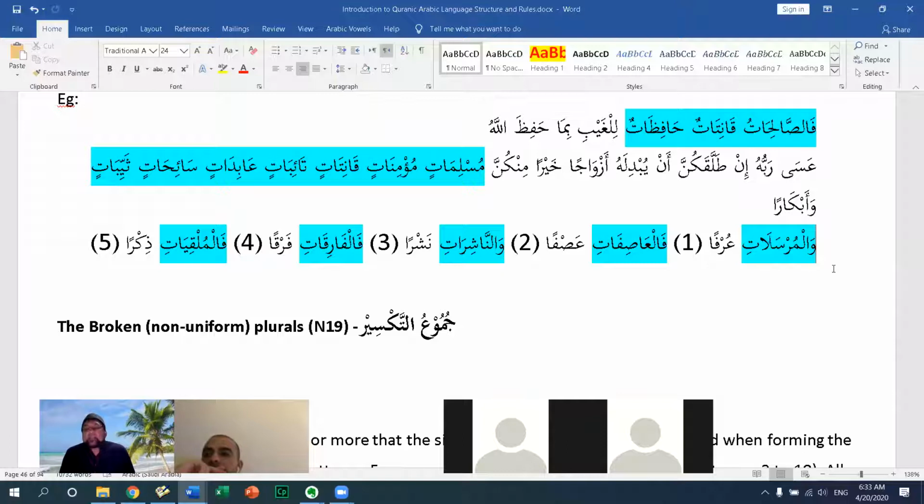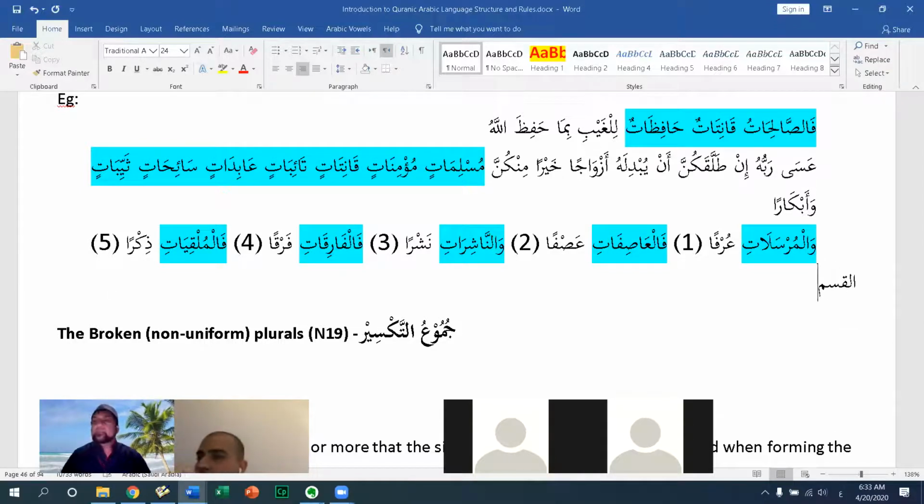Yes, by waw al-qasam. Qasam, with a fatha on the qaf, fatha on the sin, and you put a kasra because you say waw al-qasami. Waw is mudaf and al-qasami is mudaf ilayh.